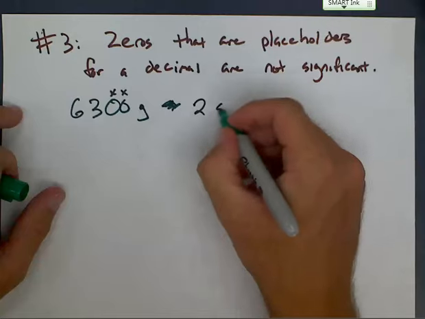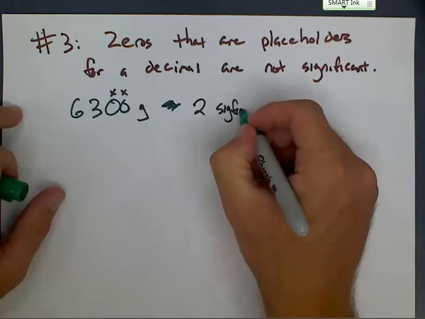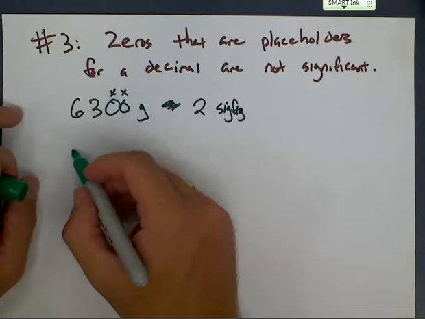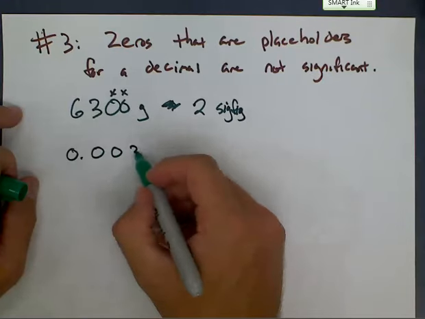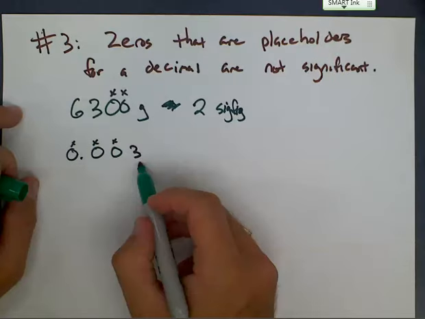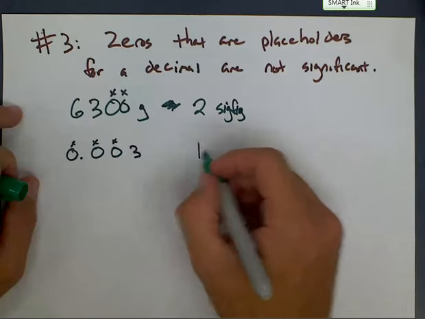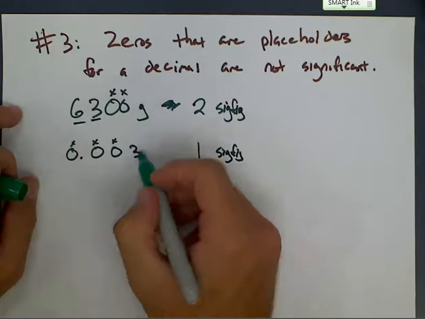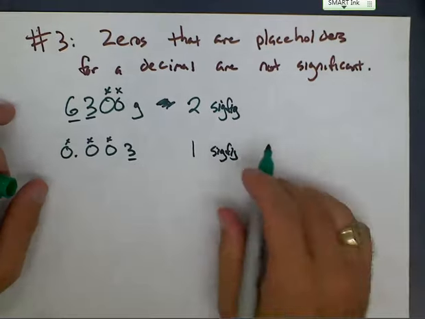So this thing has 2 significant figures. If I had the number 0.003, these zeros are all placeholders. They tell us how small that 3 is. This would actually only have 1 significant figure.